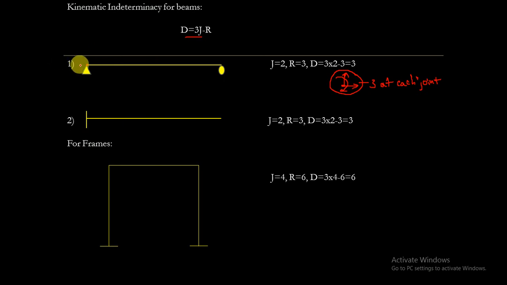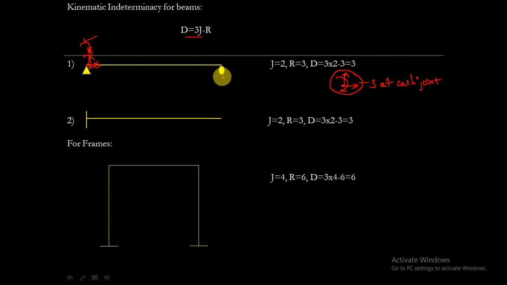Now for this, there will be 3 degrees of freedom. It can move horizontally, it can move vertically, it can rotate. But as there is a support here, it can't move vertically or horizontally, so it can only rotate.